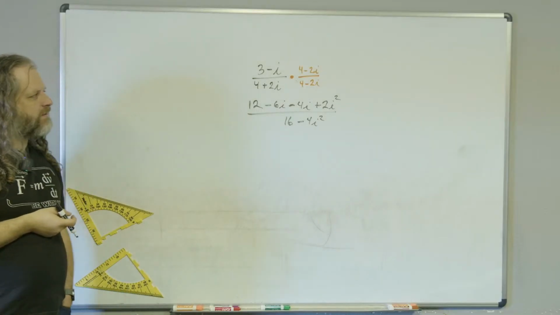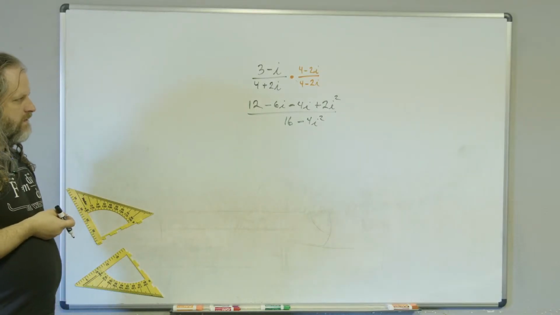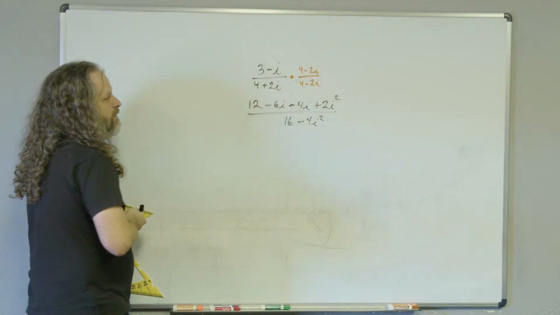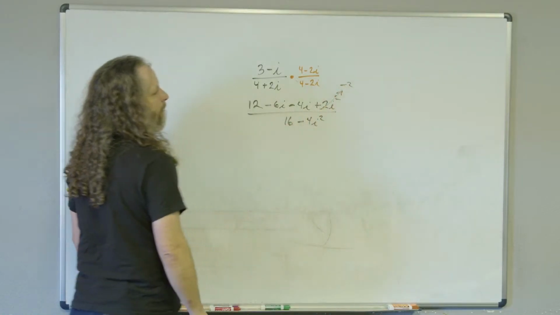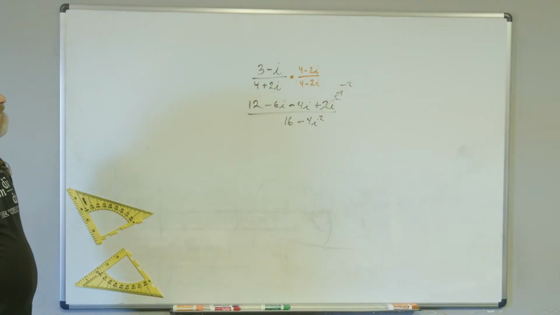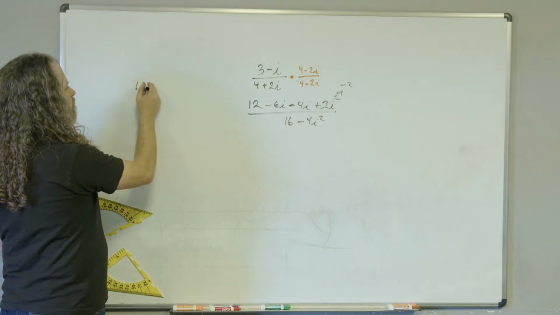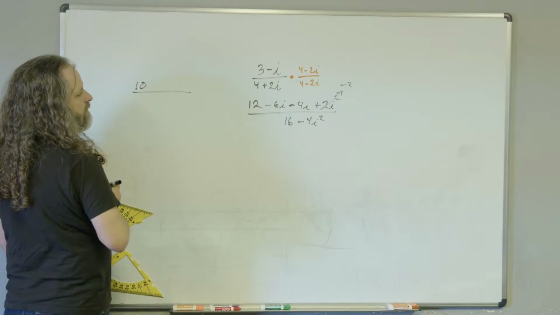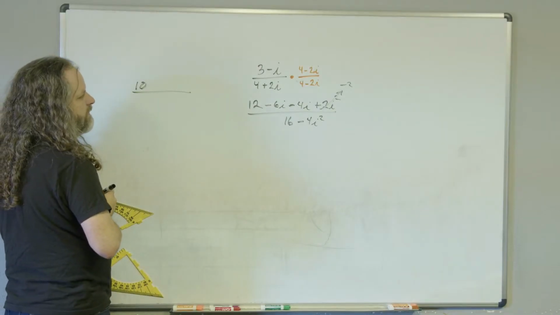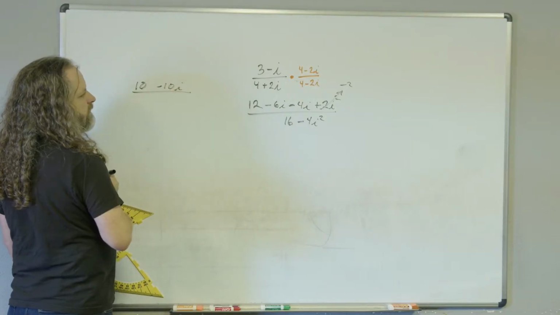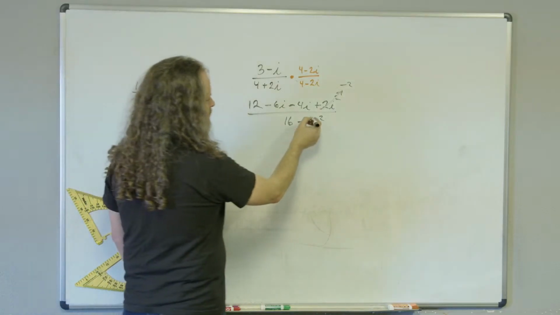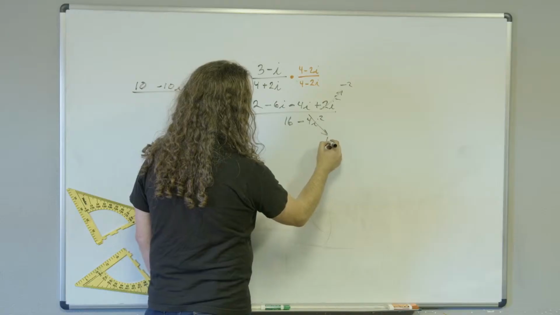Now what? Combine like terms on the top. This turns into negative 2, right? So what's 12 plus negative 2? 10. And then negative 6i minus 4i. Negative 10i. This turns into positive 4, right?